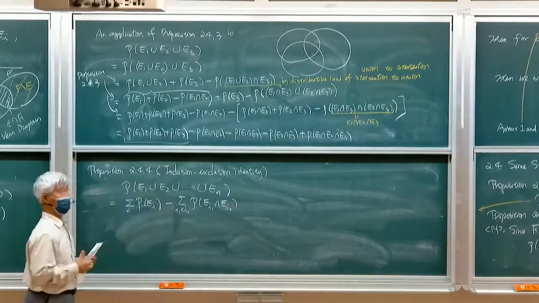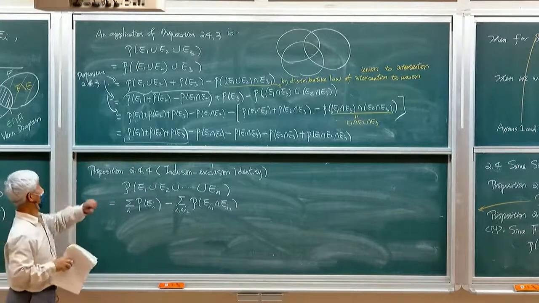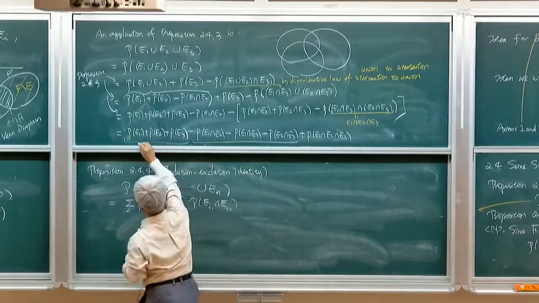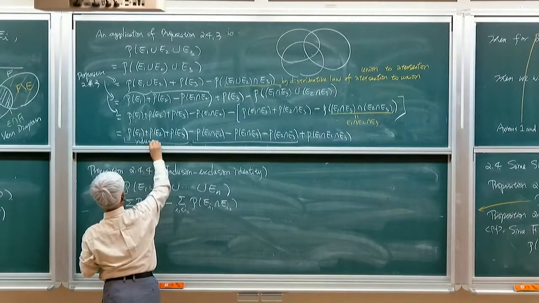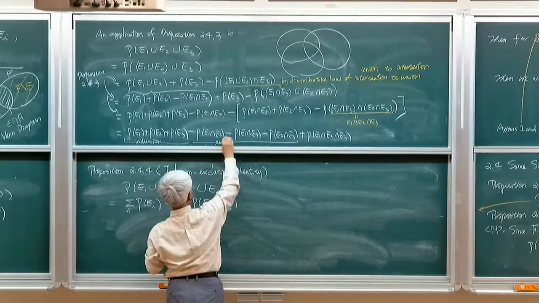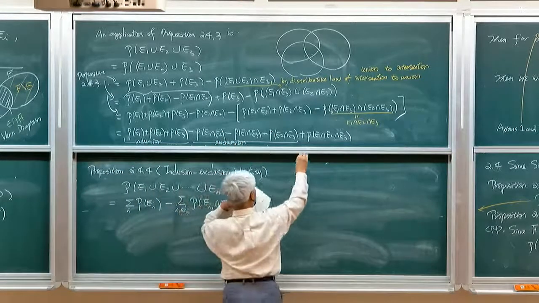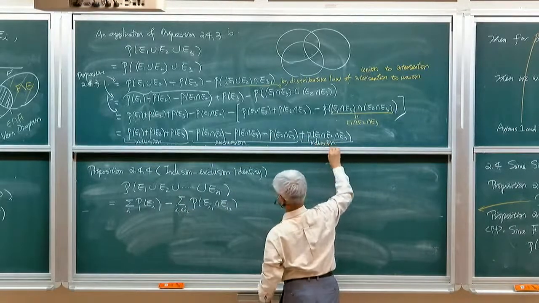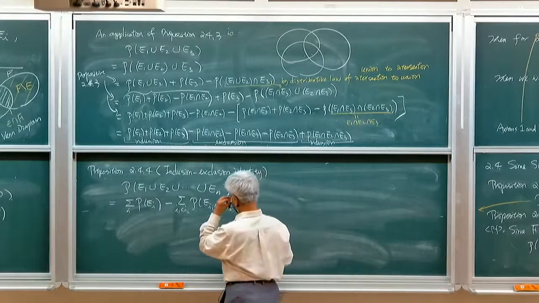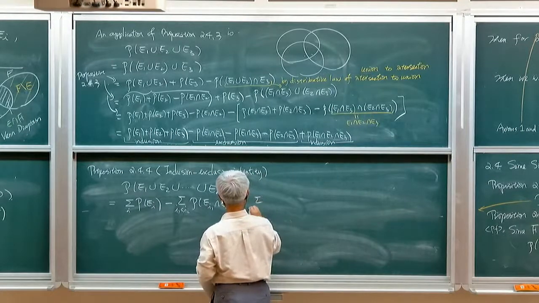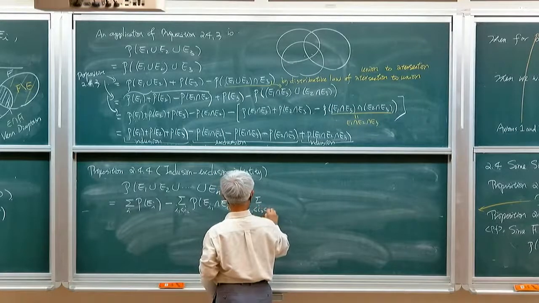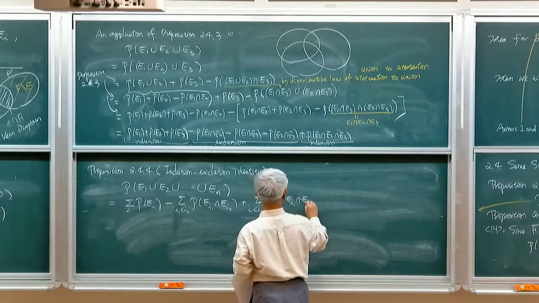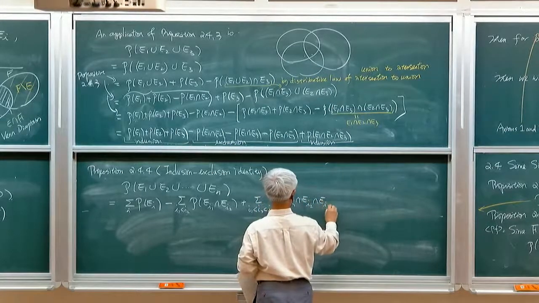So you form pairs, and this is exclusion. And then here we again have inclusion, so we add the summation over I1, I2, I3 of the probability of EI1 intersect EI2 intersect EI3.